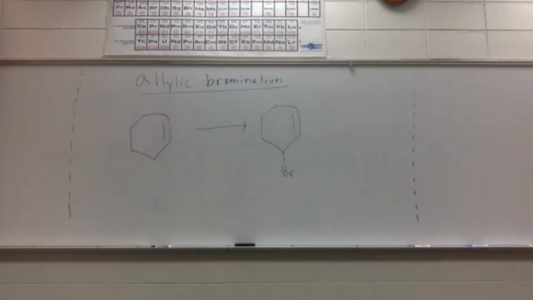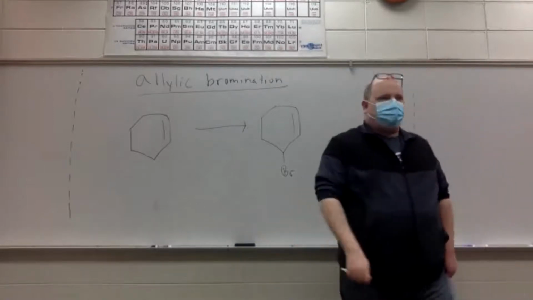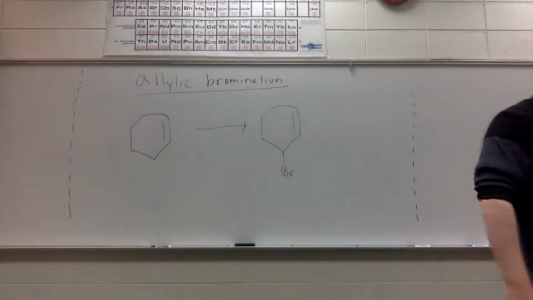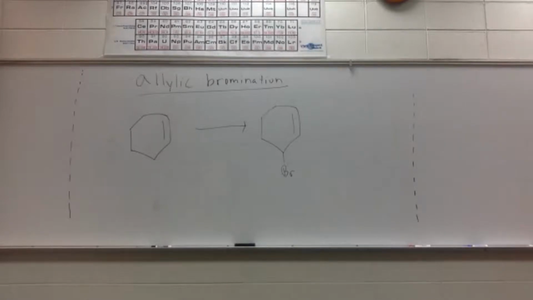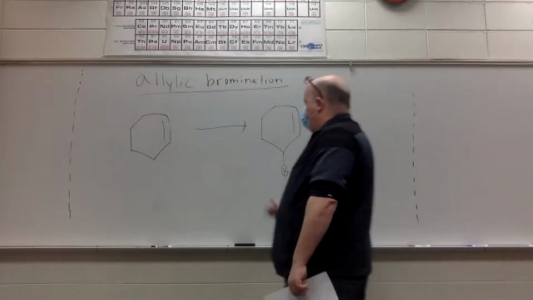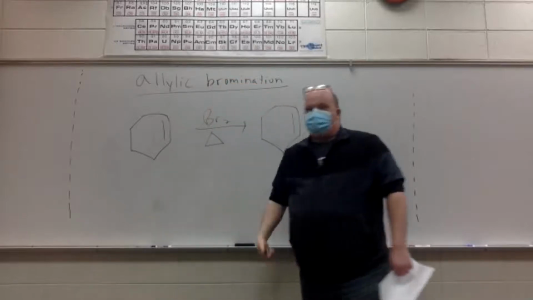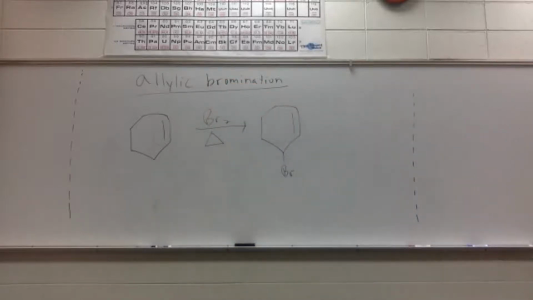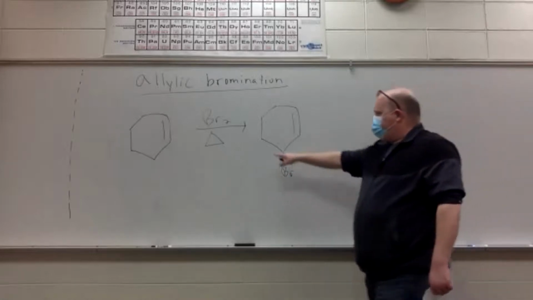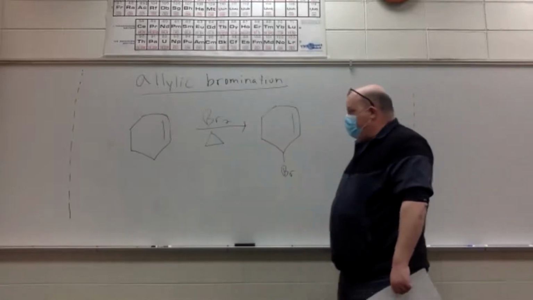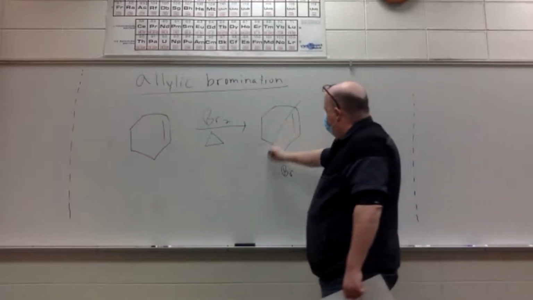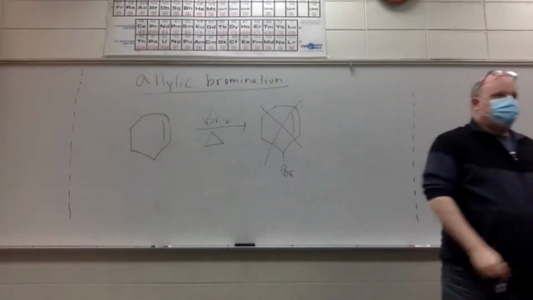Based off of what we talked about, what would you expect we put as the reagents? What have we been using? Heat, okay, and what else? Br2. So it stands to reason that if bromination is selective, it's definitely going to target this carbon. However, that is not what you get if you use this setup.